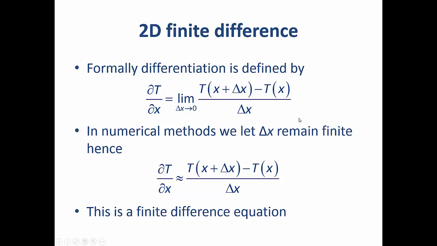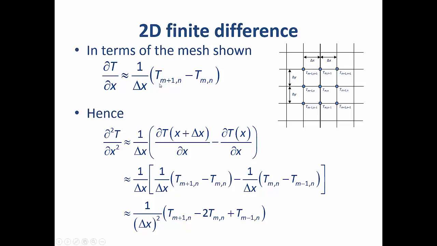And essentially all that we're doing in the numerical method is letting delta x remain finite, so that our differential is approximated by the temperature at x plus delta x minus the temperature at x divided by delta x. So in terms of the mesh I've already shown, that means partial dT by dx equals 1 over delta x, temperature T m plus 1 n minus the temperature T m n. So temperature at this node minus the temperature at this node, divided by delta x. But that just gives me my first order differential.